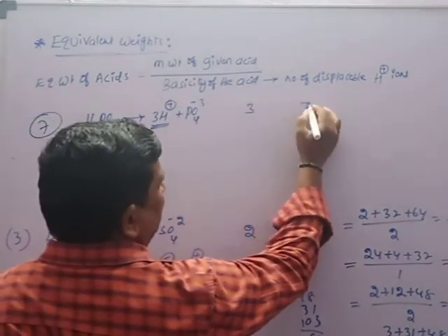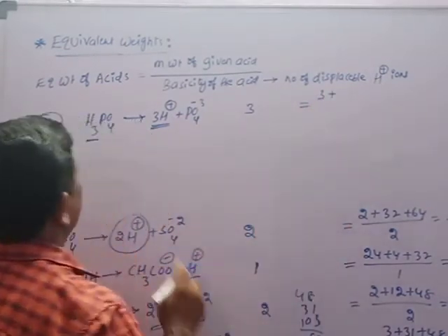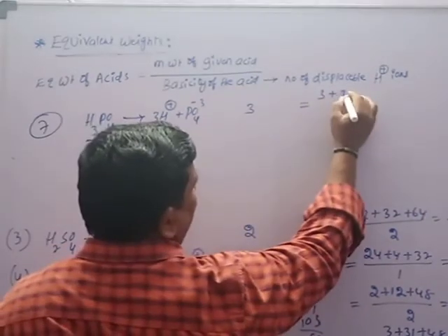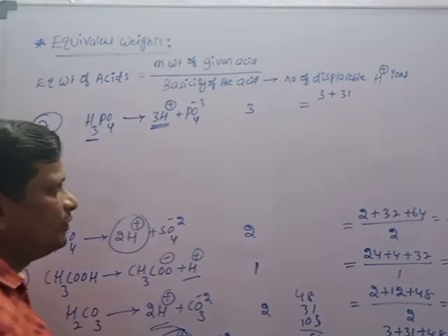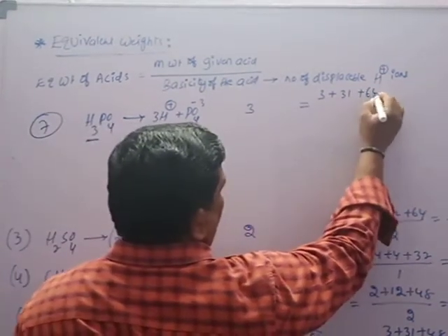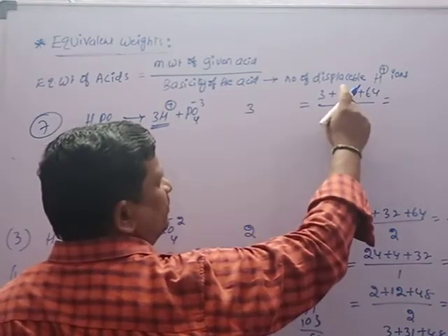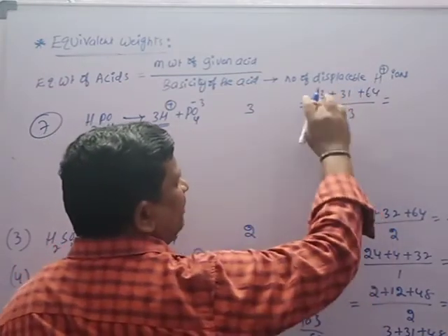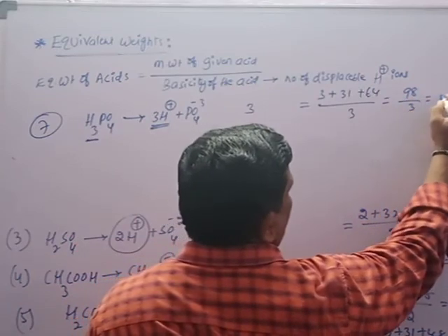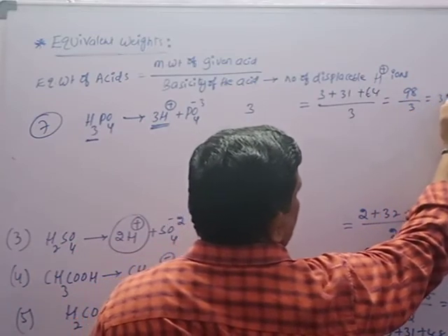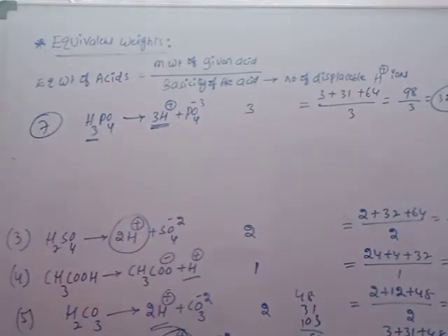So now equivalent weight equals H3, 3, plus phosphorus 31, PO4 each oxygen 16 into 4, so 64, divided by basicity 3. So 64 plus 31 is 95, 95 plus 3 is 98, 98 by 3 is 32.6, the equivalent weight.